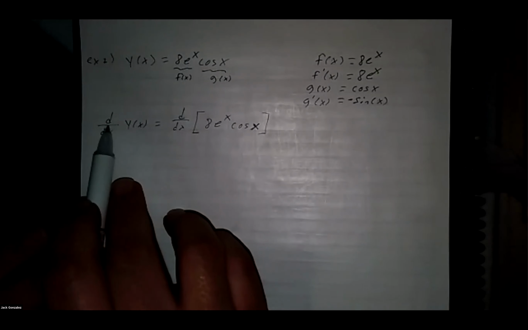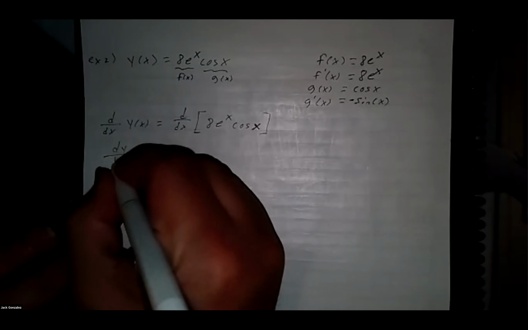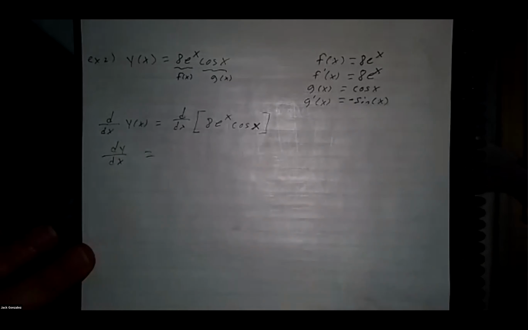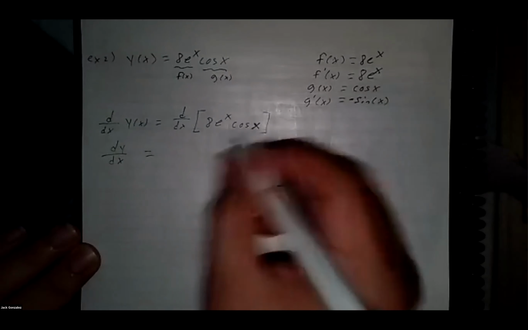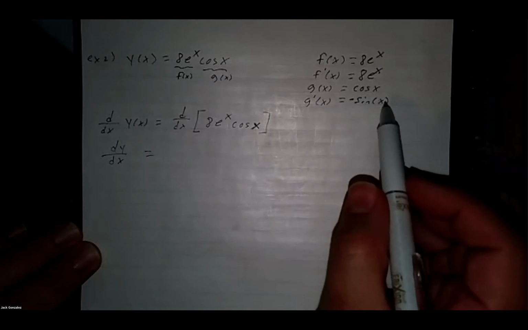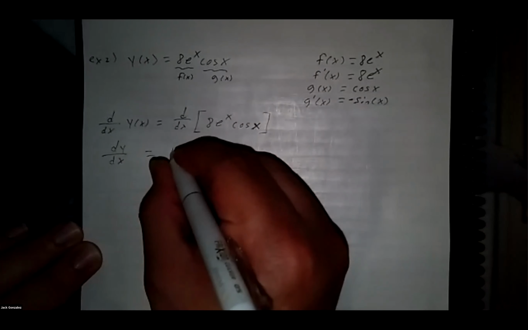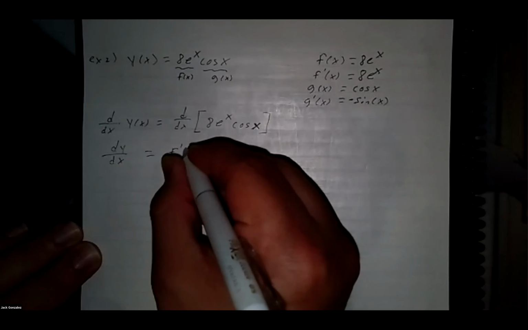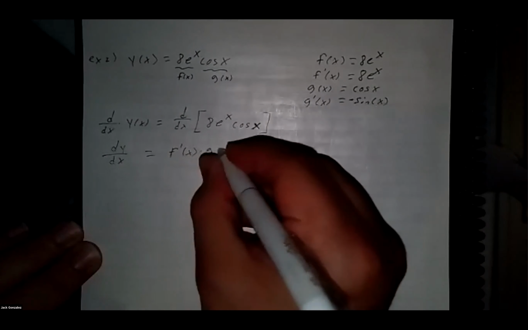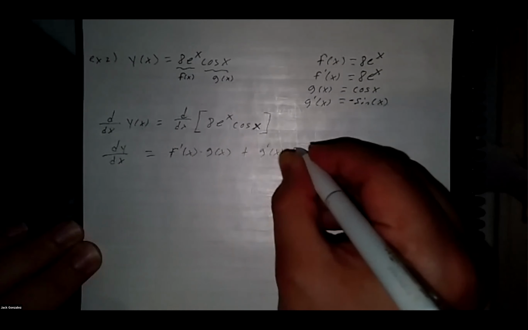All right, so this side just becomes dy/dx, so who cares? This side is going to be a product rule. So remember, the formula says f prime g plus g prime f.